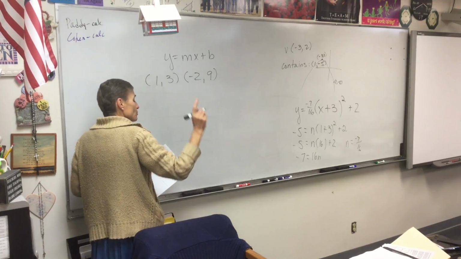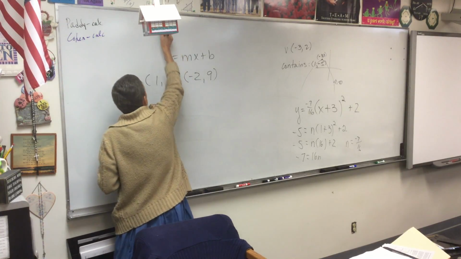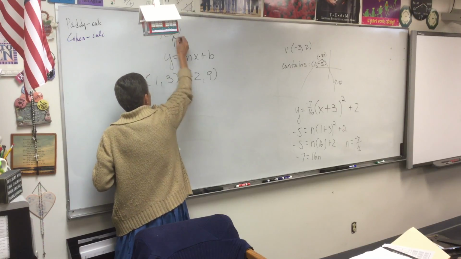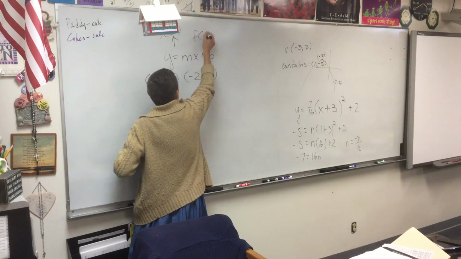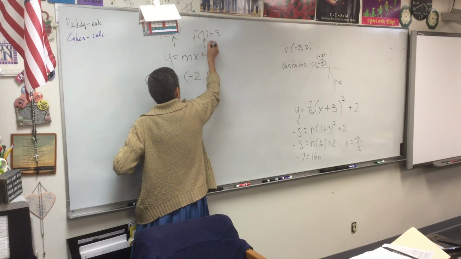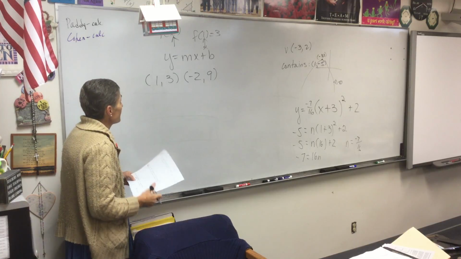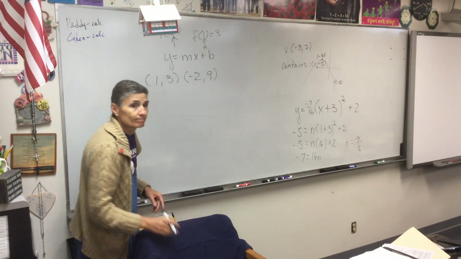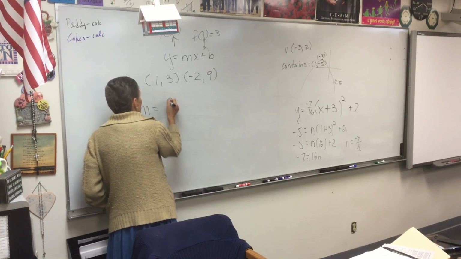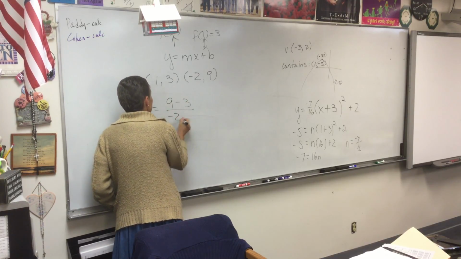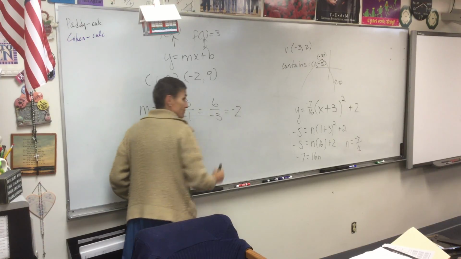Do not turn those around. When you have a function, this is x. So when we say f of 1 is 3, this is x. All right, so what do you gotta do? Find the slope. 9 minus 3 over -2 minus 1, I got a slope of -2.